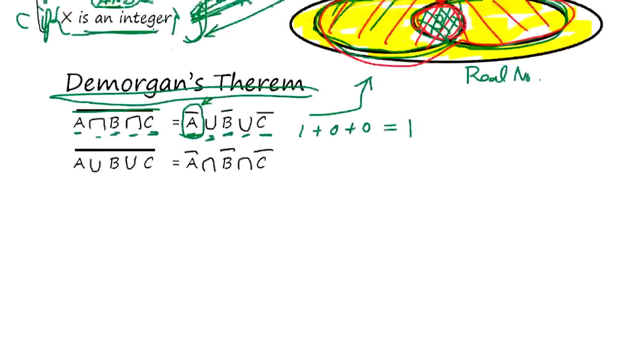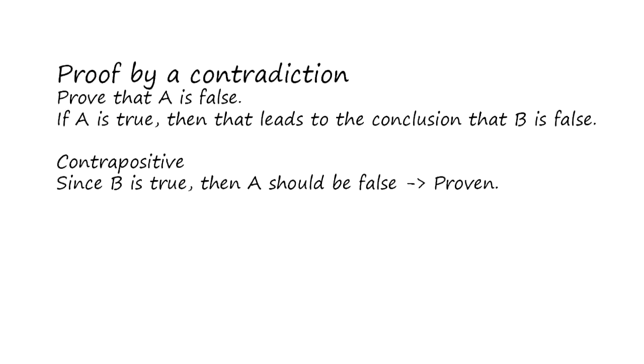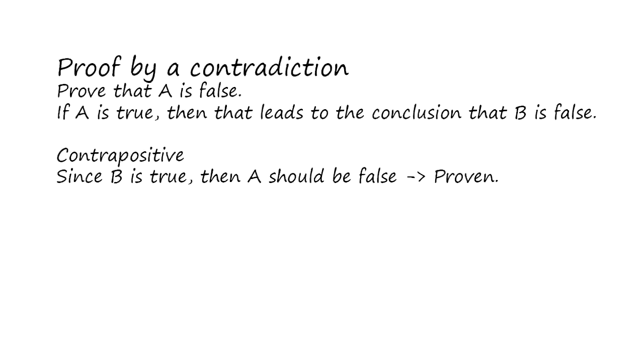What is the use of contrapositive? In math, you often use proof by contradiction. Prove that A is false. Okay, to do that, suppose A is true, then B. But this is a contradiction.